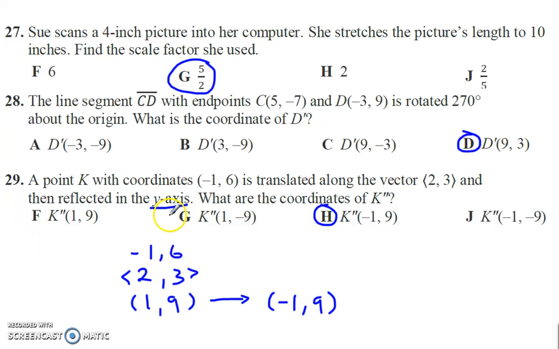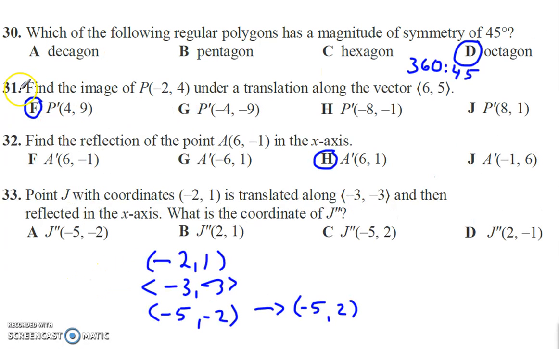When we reflect across an axis, that certain coordinate doesn't change. So reflecting across the y-axis, y stays the same, x flips. Okay. 29, 30, come on. There we go. Okay. 45, that means we take 360 divided by 45, that gives us 8, makes that an octagon.